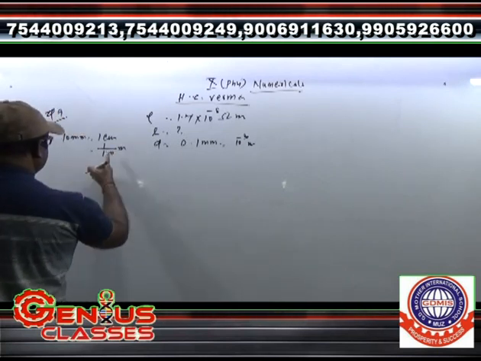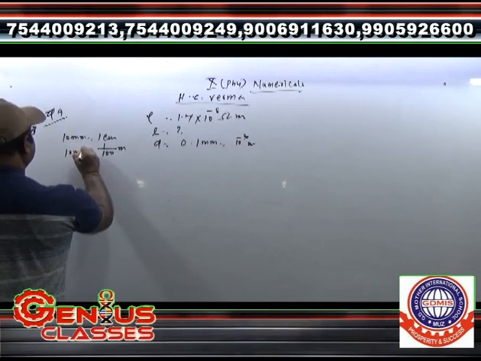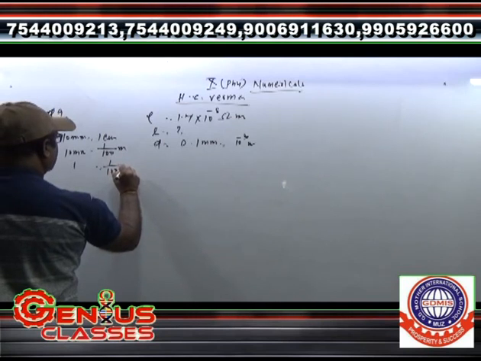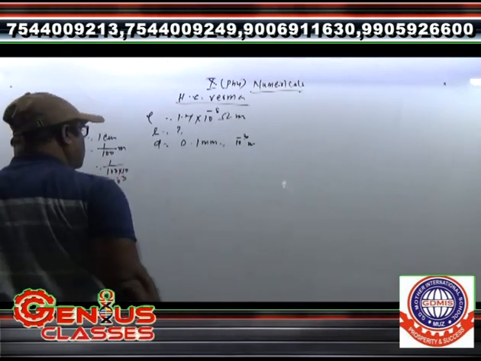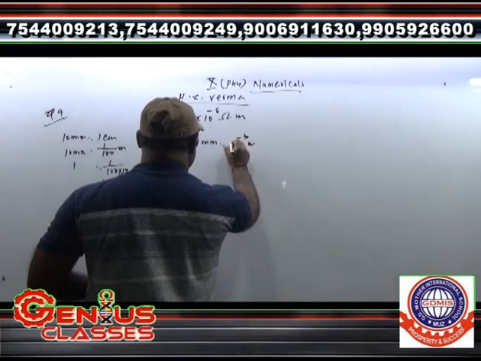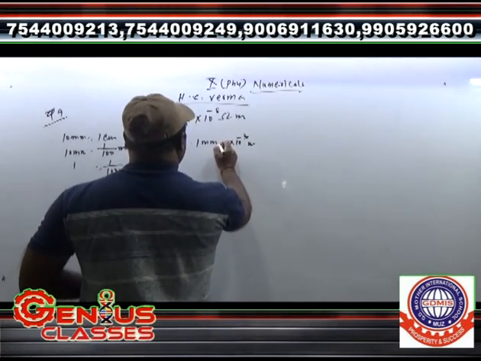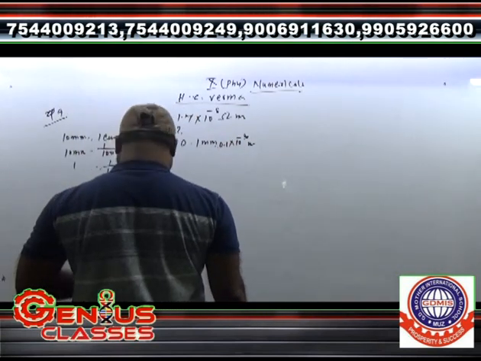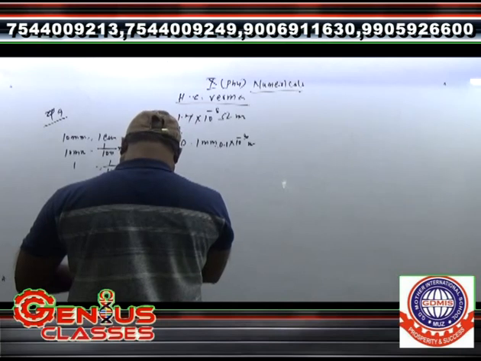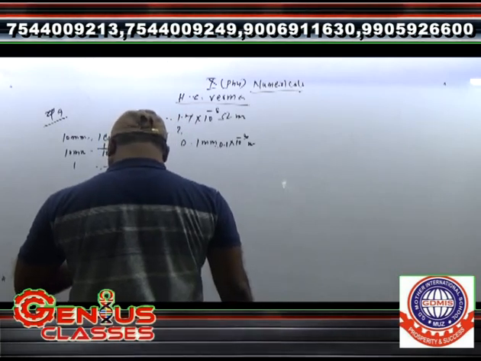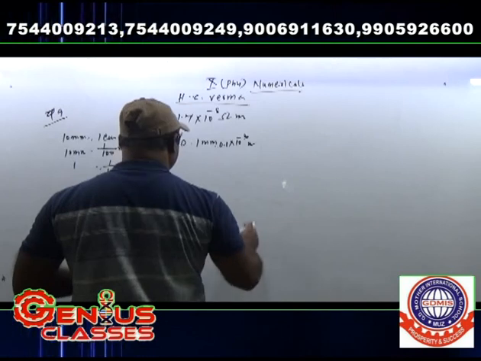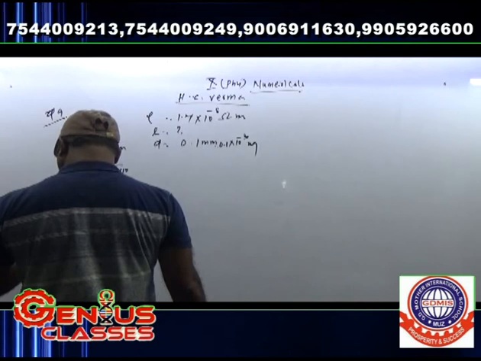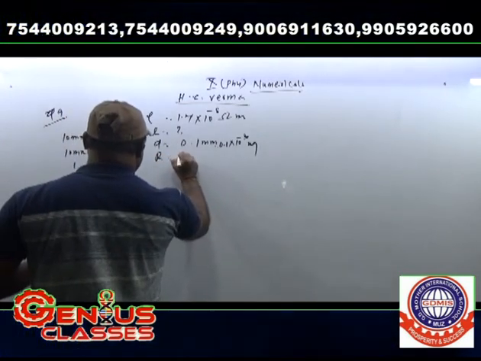So 1 millimeter is equal to 1 by 100 into 10, that is 10 to the power minus 3 meter. So 0.1 into 10 to the power minus 3 meter. We'll have a resistance of 34 ohm.